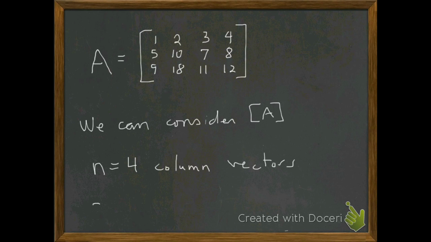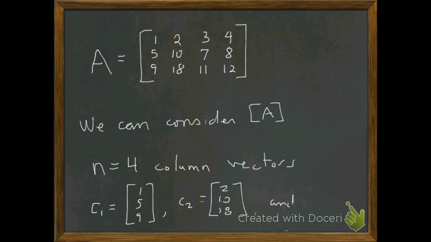So just for lack of imagination, we could call C1 1, 5, 9, and we could call column 2 obviously 2, 10, 18, and so on.